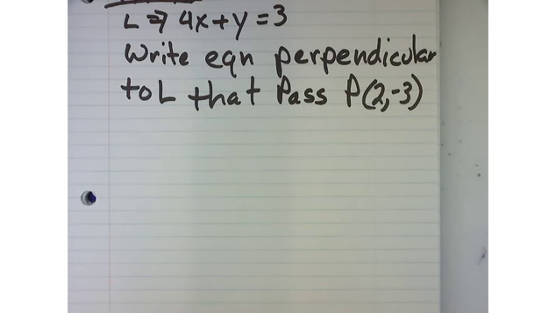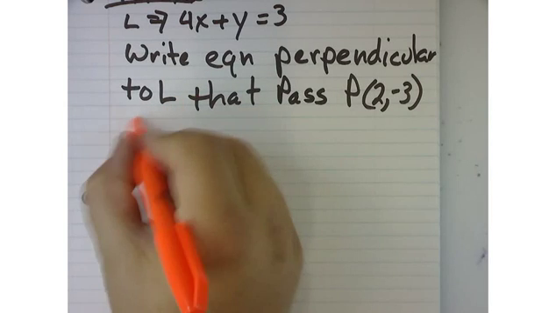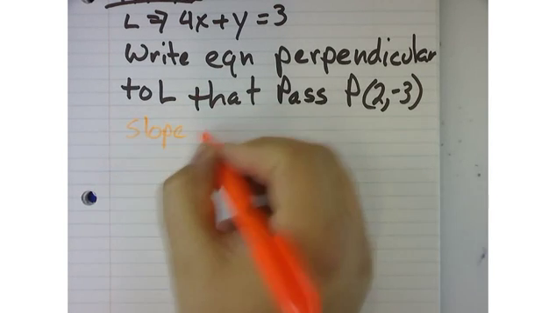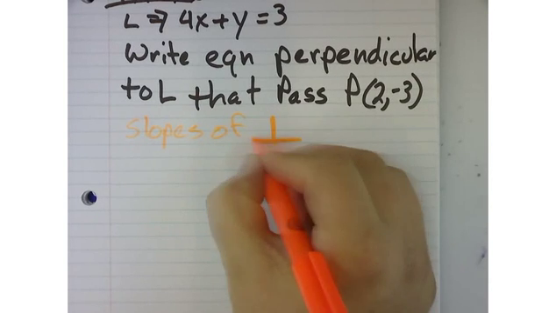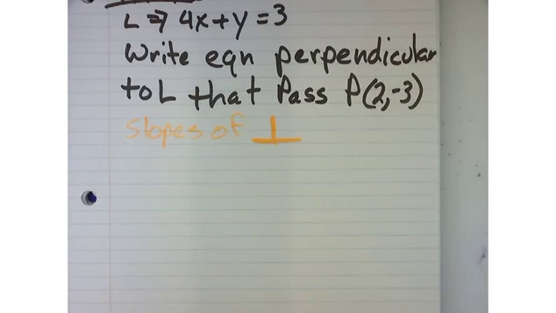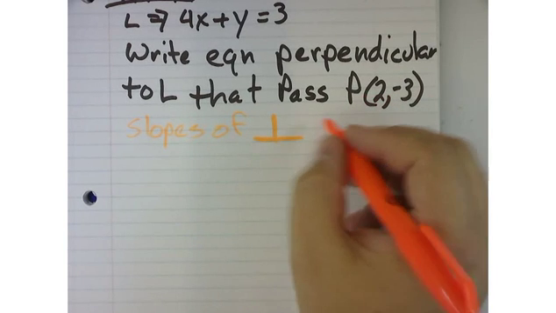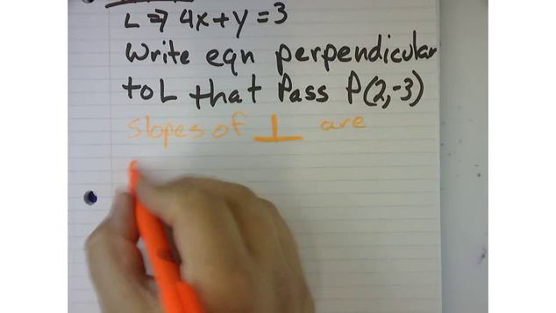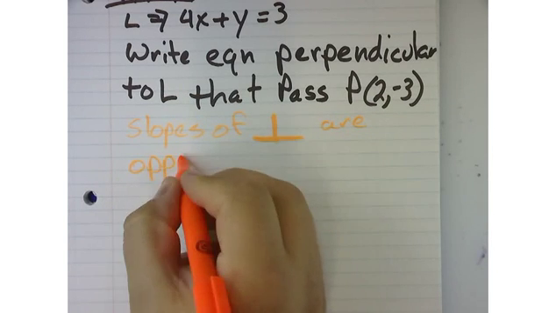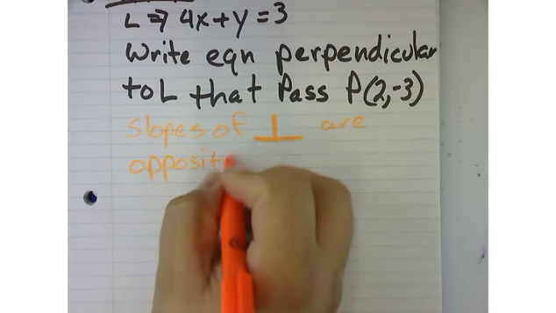It's reciprocal, but that's only half of it. Opposite reciprocal. Now you know that this symbol here means perpendicular, right? Slopes of perpendicular lines are, we could say, opposite reciprocals.